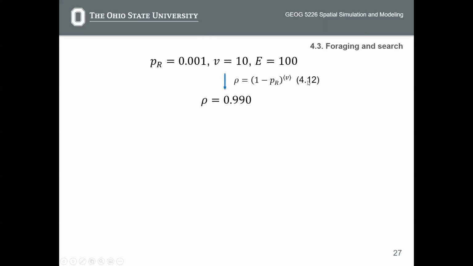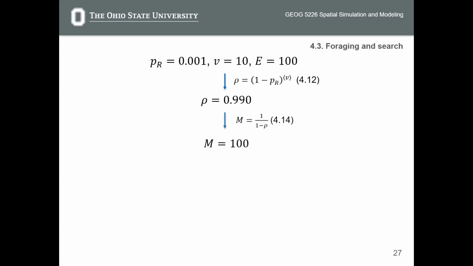So according to equation 4.12, the probability of not finding food is 0.990. Sorry. So that's the value for rho.